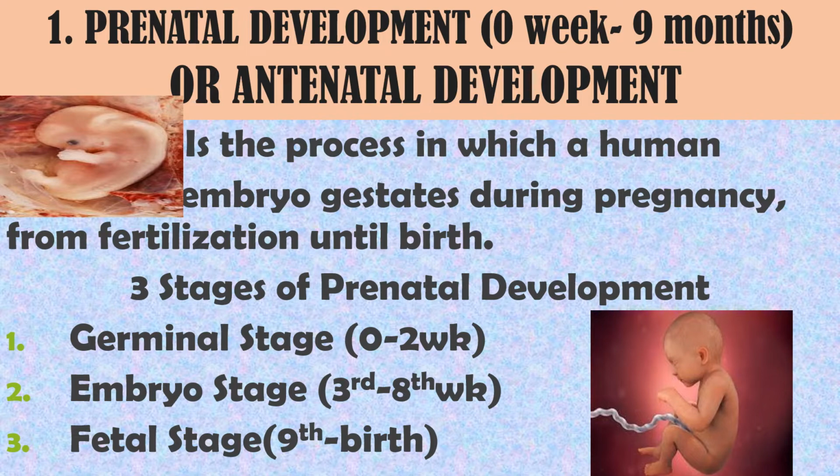So there are three stages of prenatal development. First is the germinal stage, 0 to 2 weeks. Then number 2 is the embryo stage, 3rd week to 8th week. Then number 3 is the fetal stage, 9th week to birth.